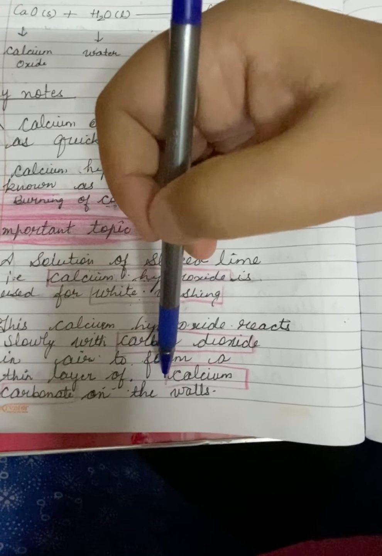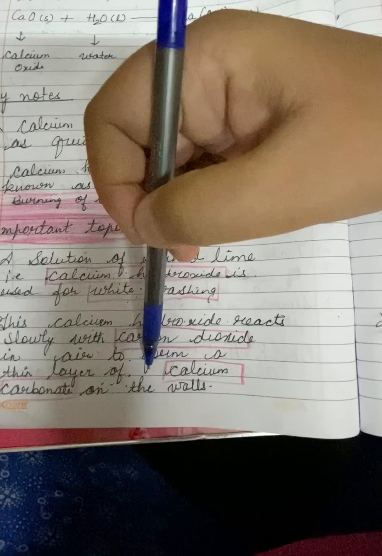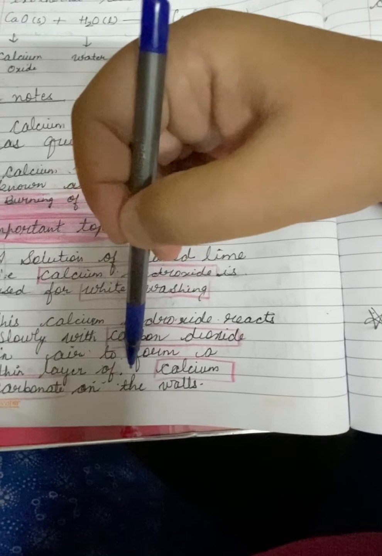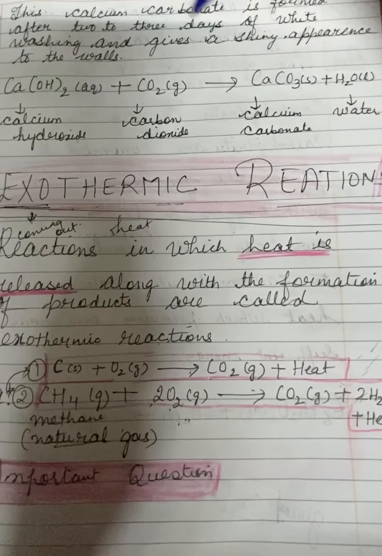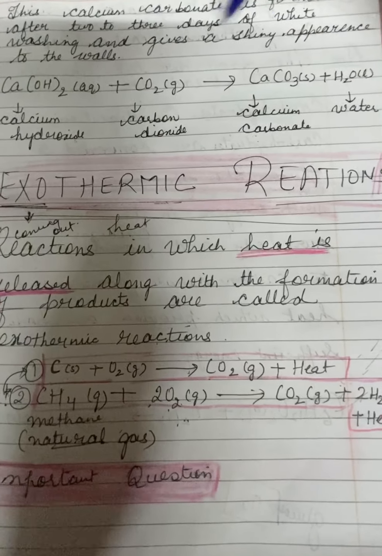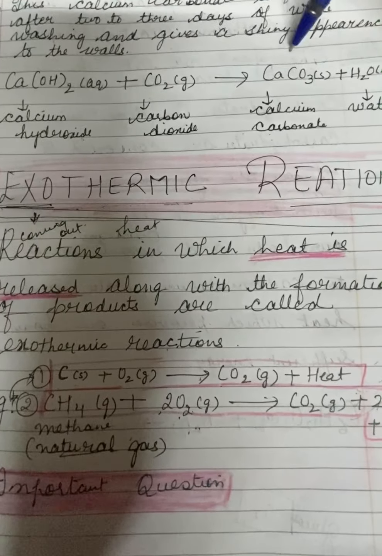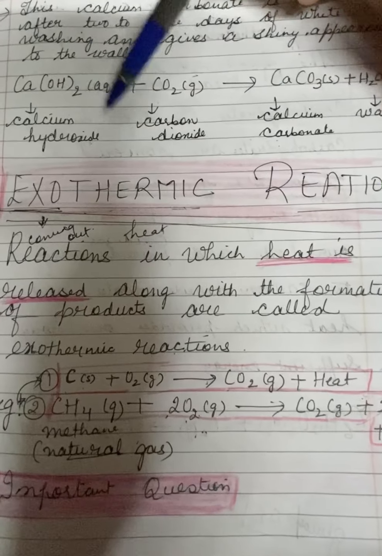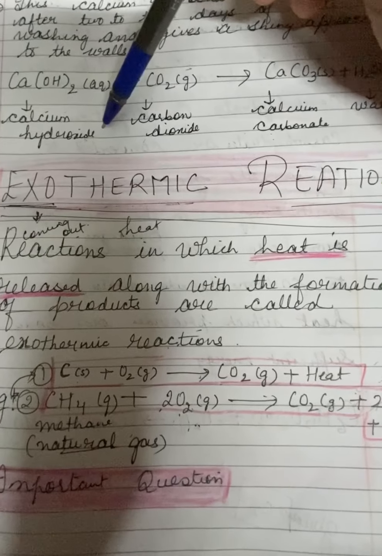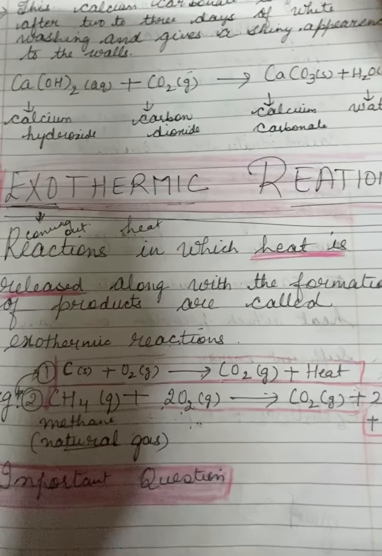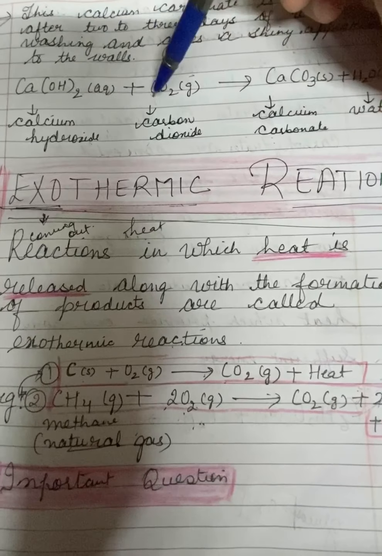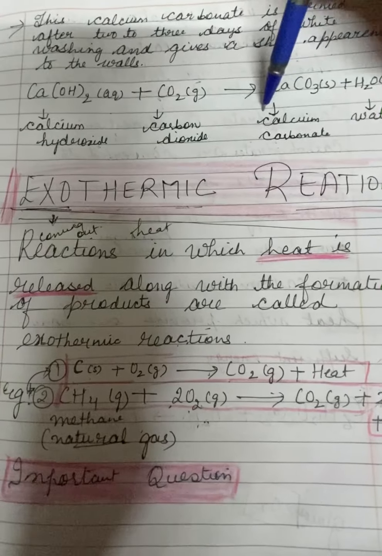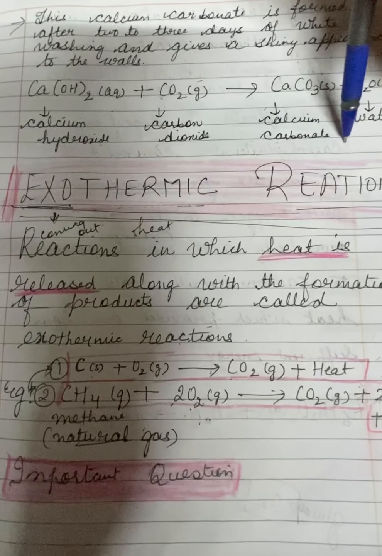That shinier substance which we can see after 2 to 3 days of whitewashing is calcium carbonate, and it gives a shiny appearance to the walls. What are the reactants here? Calcium hydroxide, which we applied on the walls, and carbon dioxide gas, which it takes from the air, forming calcium carbonate plus water.